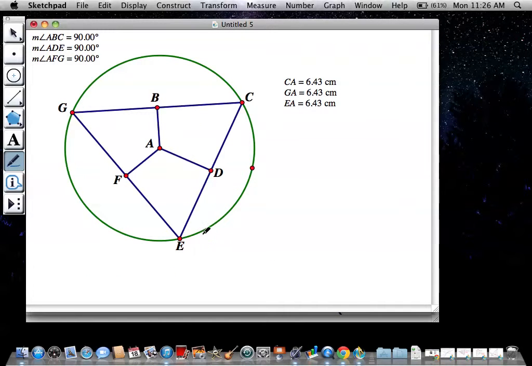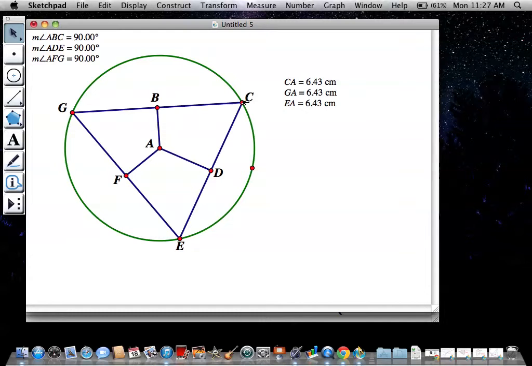Now, the circumcenter is also the center of a circle that has the triangle inscribed in it. So inscribed means that the vertices are on the circle. So this triangle is inscribed.